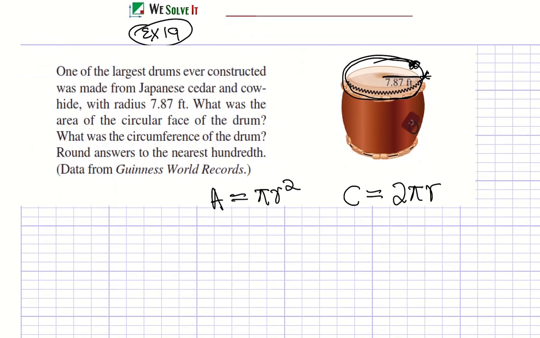So if we have all these formulas, it says, what was the area of the circular face of the drum? The area is equal to pi r squared. Pi is a number, basically 3.14. The radius is 7.87, and we square it.